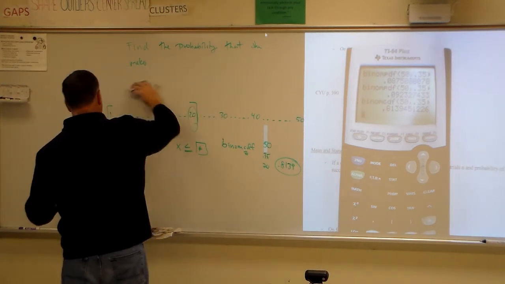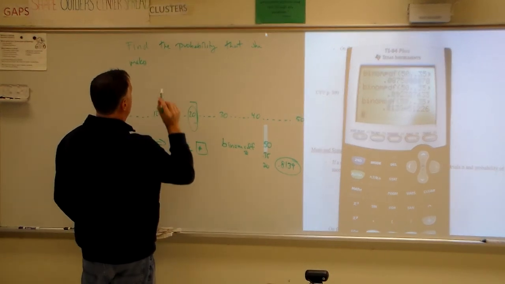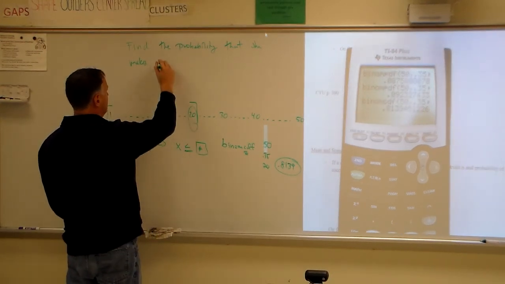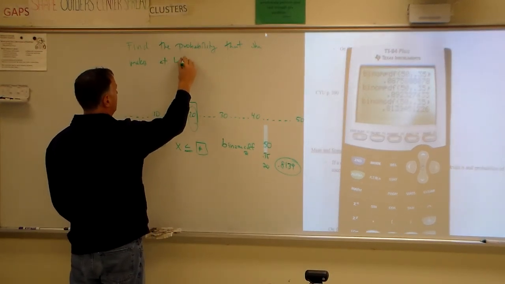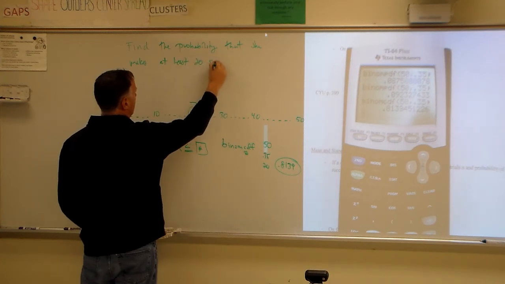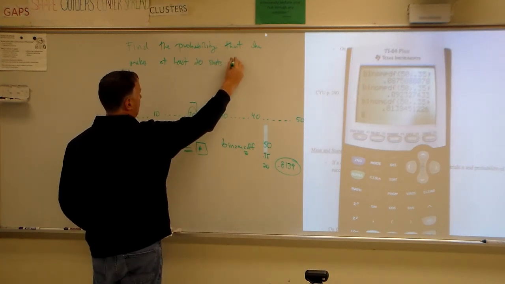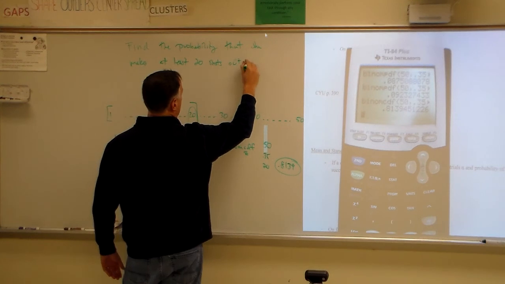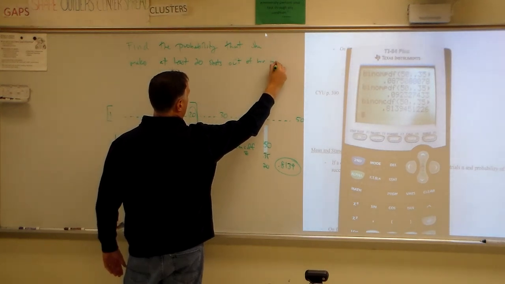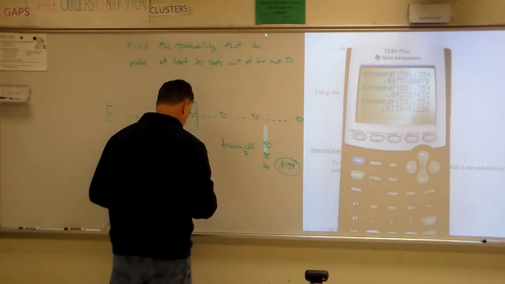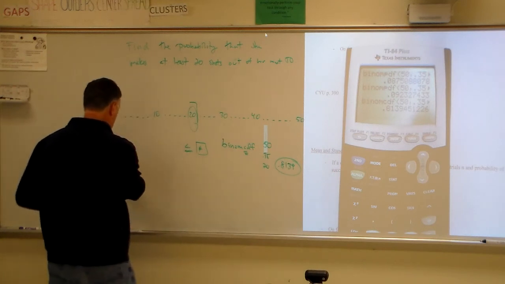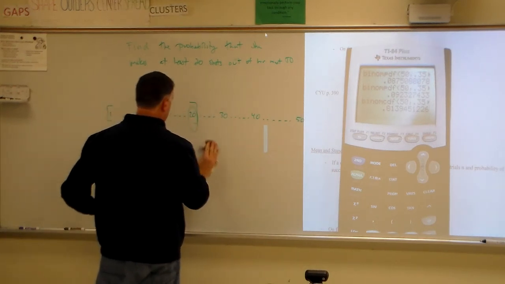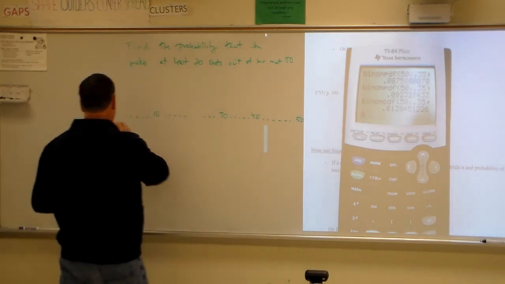So, let's go back to that other example that I had up there. Find the probability that she makes at least 20 shots out of her next 50. So we erase this stuff, and let's think about what that means.